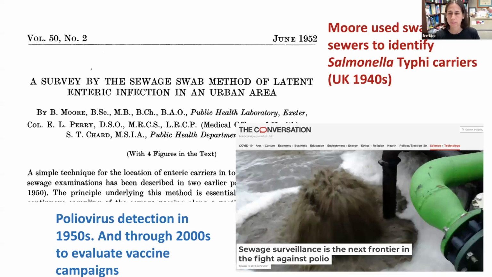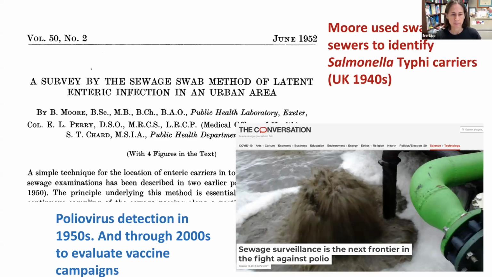It's also been used more recently, prior to the COVID-19 pandemic, as a way to track the efficacy of vaccine campaigns. So using sewage surveillance to see how we were doing in terms of poliovirus detection, and whether or not there were breakthroughs in areas where they were still trying to get vaccination campaigns completed.